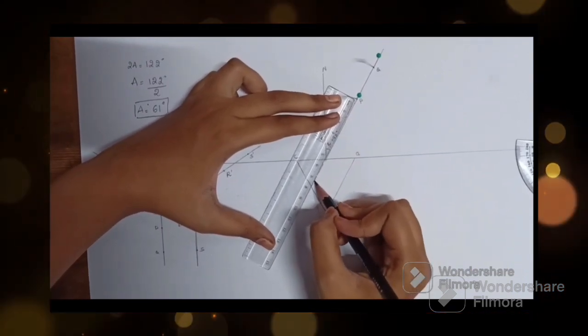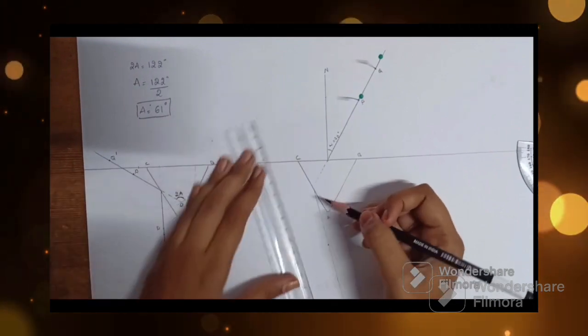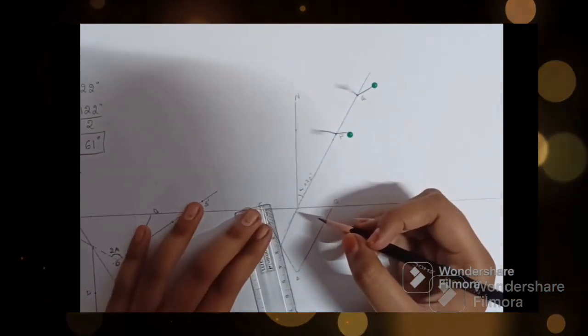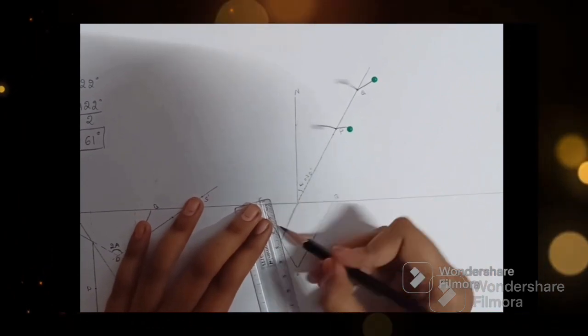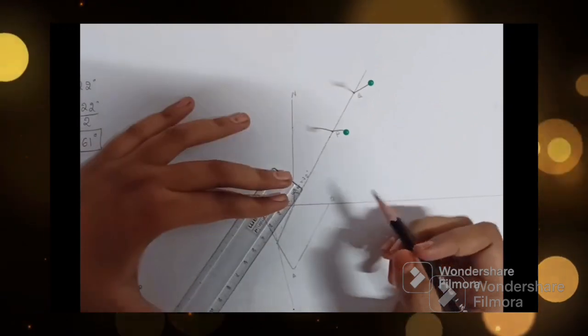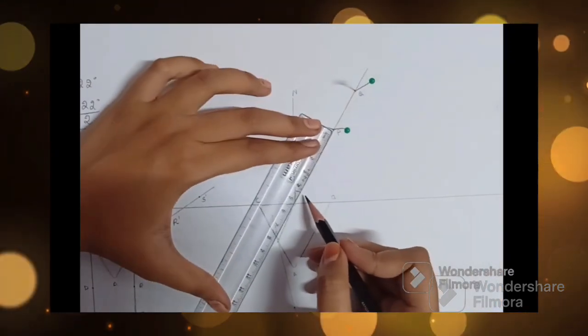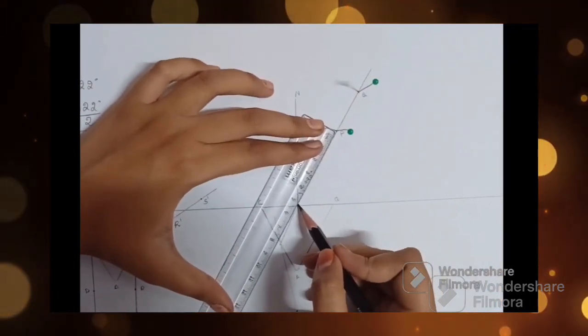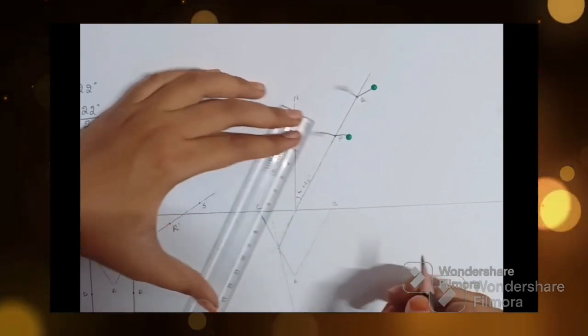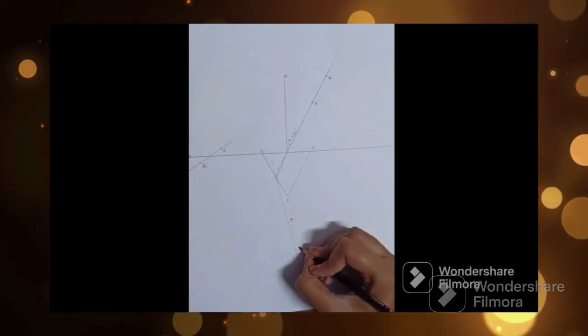And now extend the incident ray. So basically according to the incident ray, the line should be in this direction. The refraction should be in this direction according to the incident ray, but it is refracted along this line. So we will draw the normal to the refracted ray also. This is our normal and this is our incident ray.